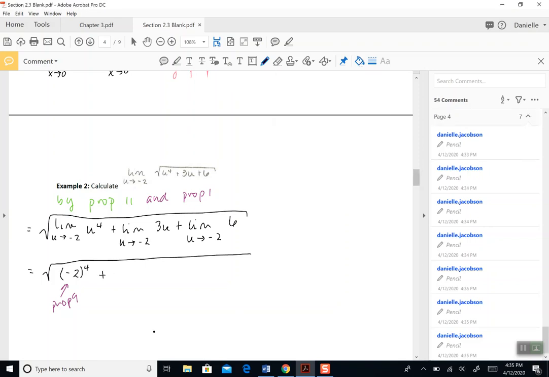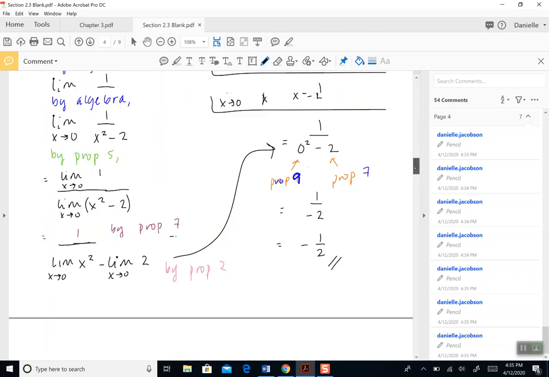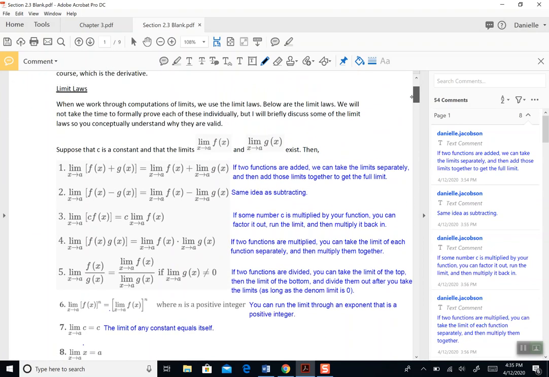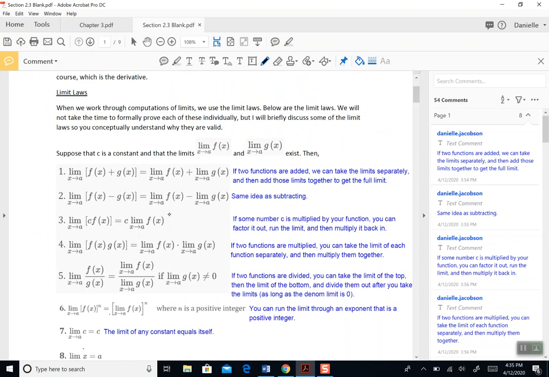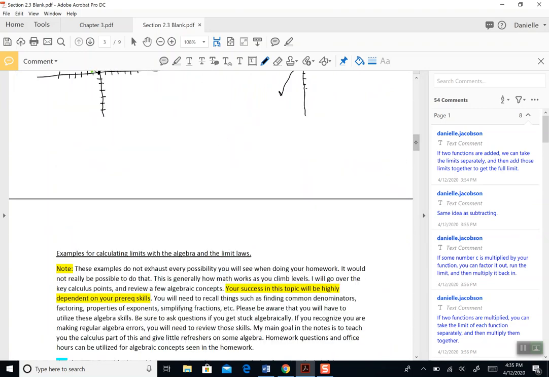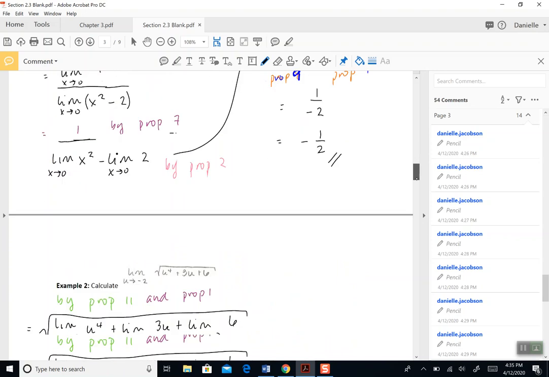Plus, okay, here, remember 3 is a constant multiple, so we can pull 3 out in front of the limit, and then just take the limit as u goes to -2. Right, so coming back up to our properties, that was property 3 right here with a constant multiple out in front of a function. You can just take it out of the limit and multiply it back in. So that was property number 3.